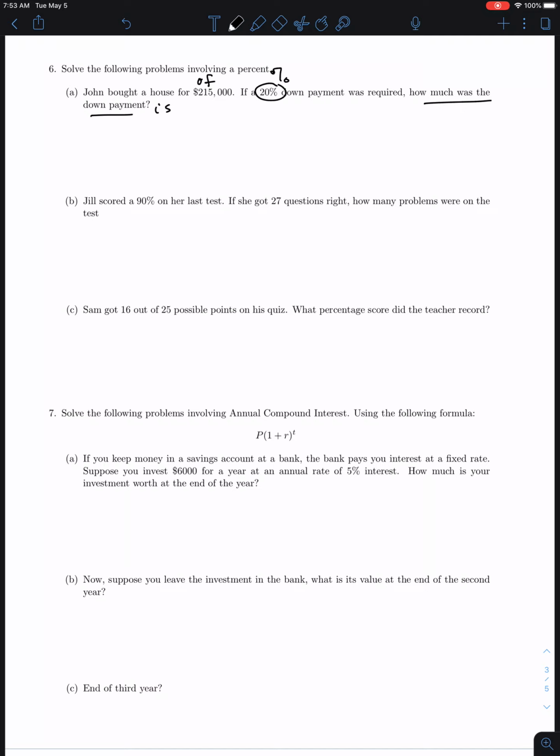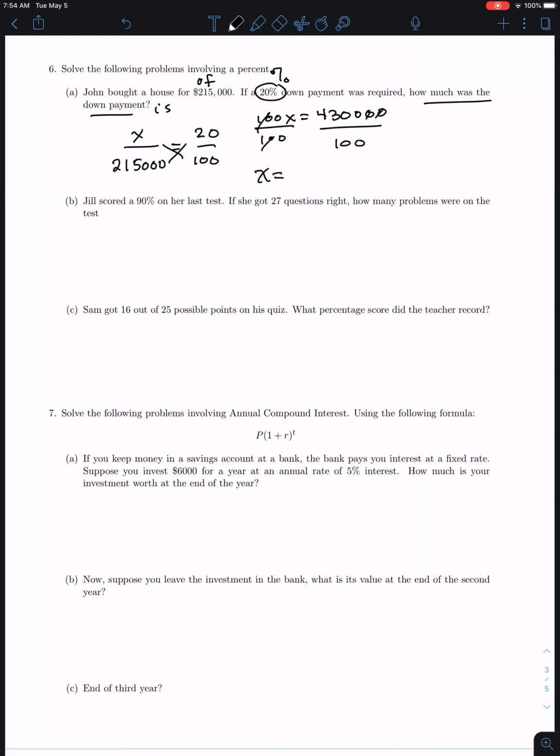So if we set this up as an is and of problem, we're going to get x over 215,000 equals 20 over 100. So again, cross multiply these guys. We're going to get 100x equals 430,000. Now divide both sides by 100.